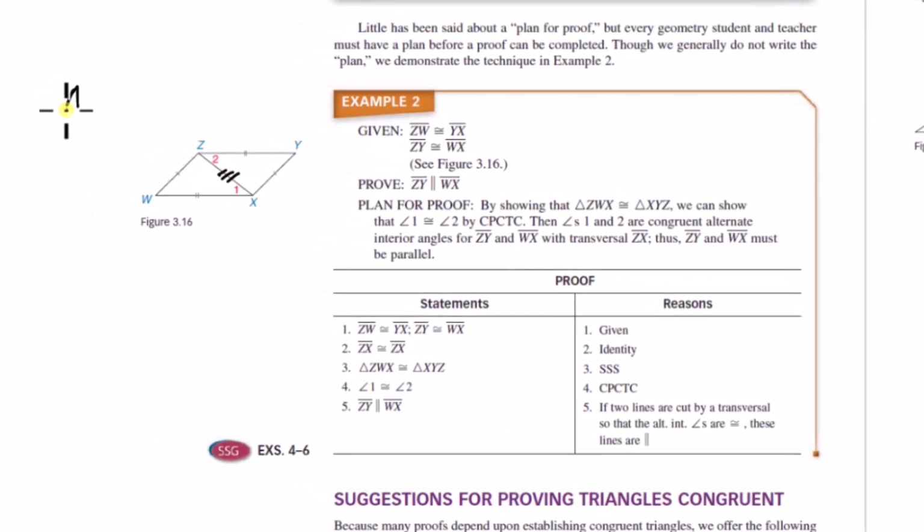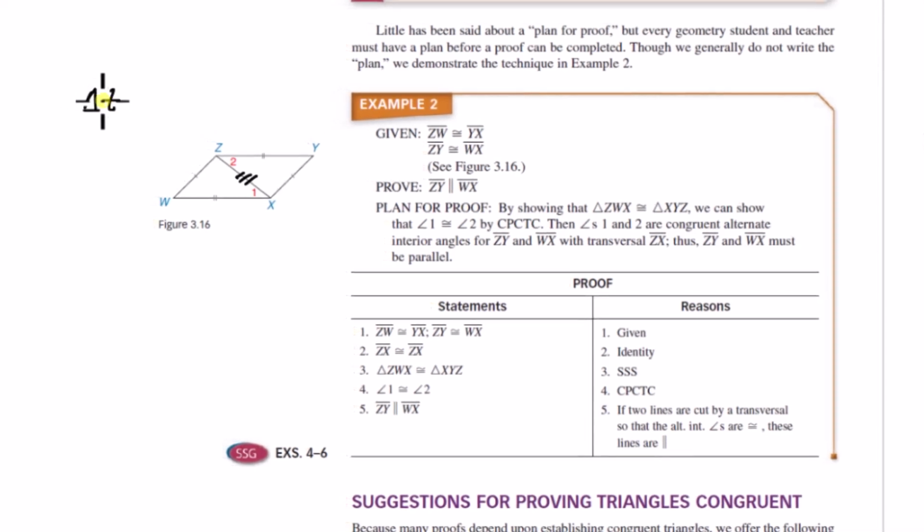So we can state that triangle ZWX is congruent to triangle XYZ. Let me get this right: you go through the first dash side, then the second dash side, then the horizontal. So here's the first dash side, the second dash side, then the horizontal. And we can state this by SSS.